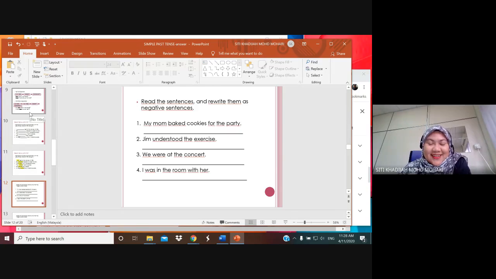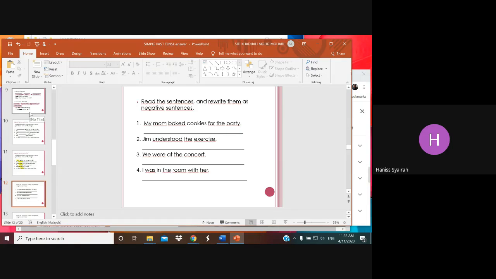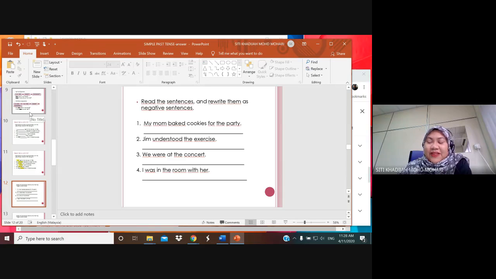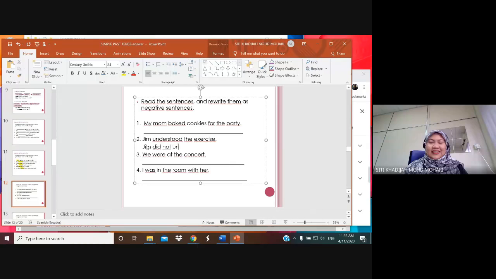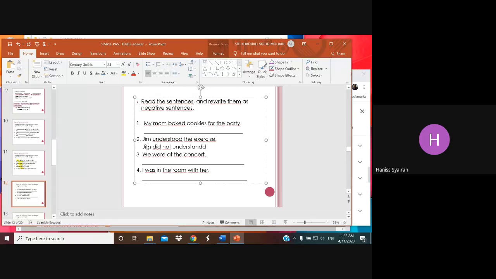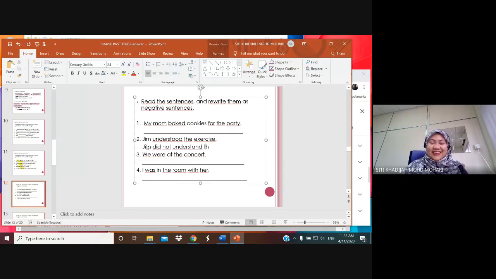Number two. Jim did not understood the exercise. Have did. What happened to the verb after that? Did not. Jim did not understand the exercise.